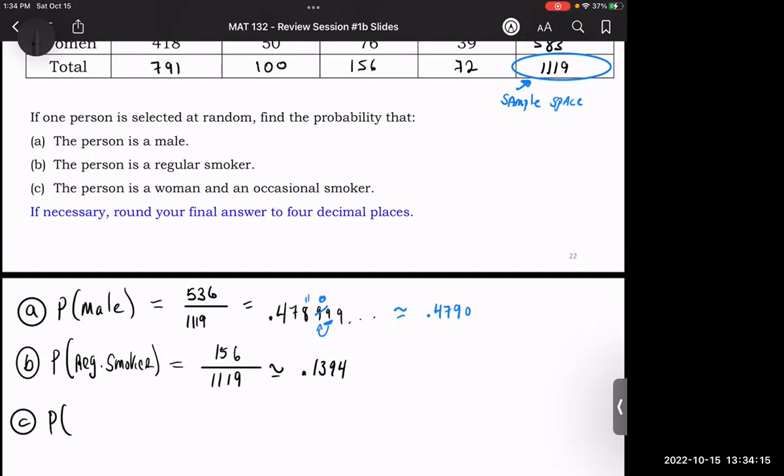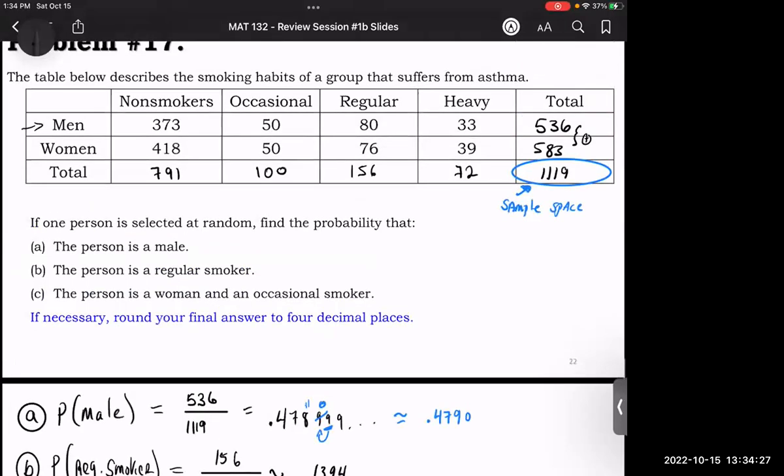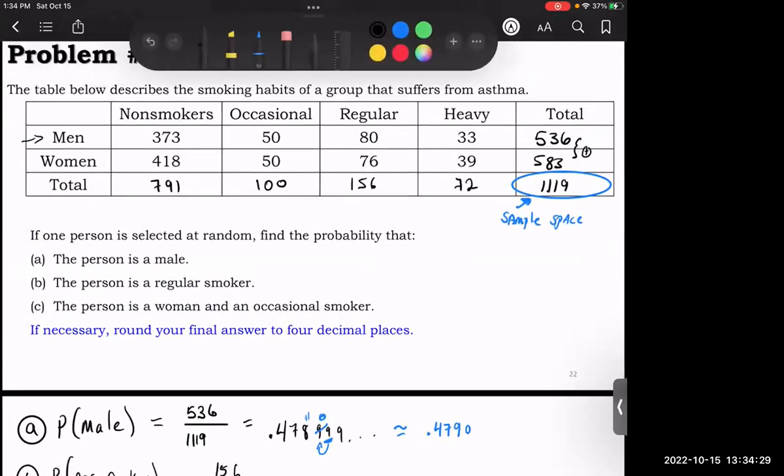So let me just write out the notation. Probability of woman and occasional. Look at our table again. In our table, I can highlight the row for a woman. I can also highlight the column for occasional smokers.